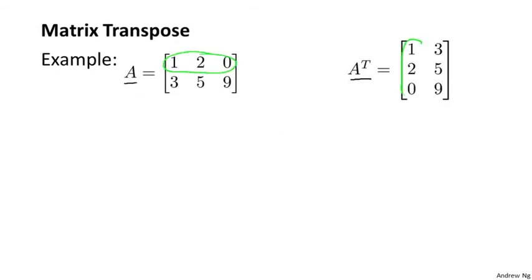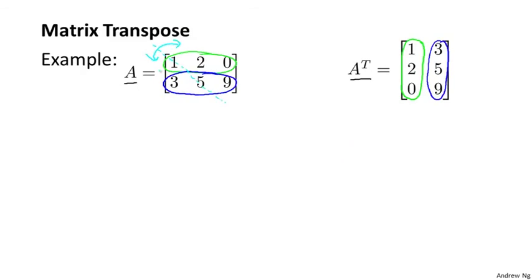That becomes the first column of the transpose. And then I take the second row of A, 3, 5, 9, and that becomes the second column of the matrix A transpose. Another way of thinking about how to compute the transpose is as if you're taking this sort of 45-degree axis and you're mirroring or flipping the matrix along that 45-degree axis.